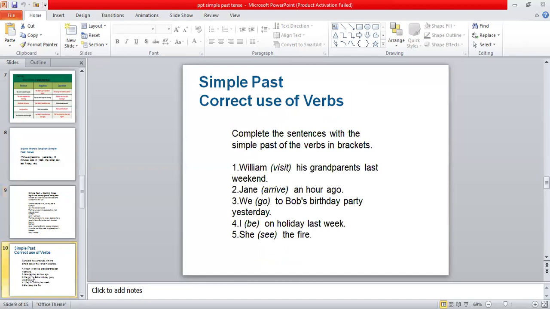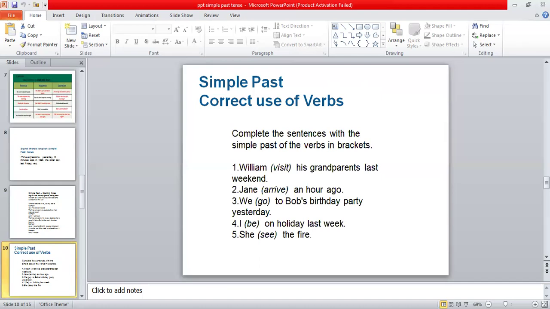Then I have prepared a few practice sentences for you on the correct use of the verb. In this way, you are going to have sentences in your exam, and the signal words will tell you that you have to change all these sentences according to the past indefinite tense, like "Last weekend, an hour ago, yesterday, last week, she saw the fire." The fire is the keyword here, telling us that something has already happened in the past.